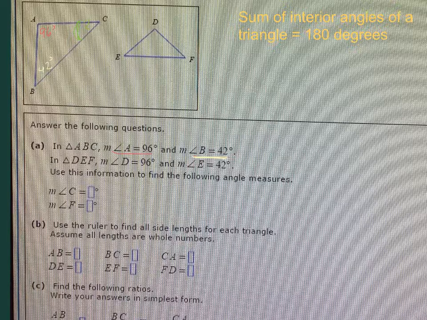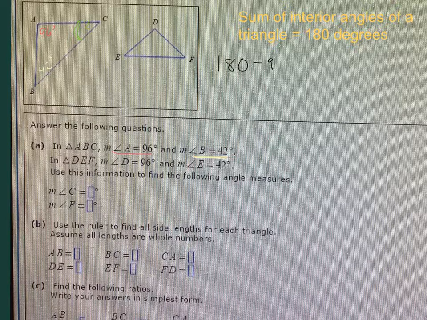Well, what that means for our situation is that we're going to take 180.